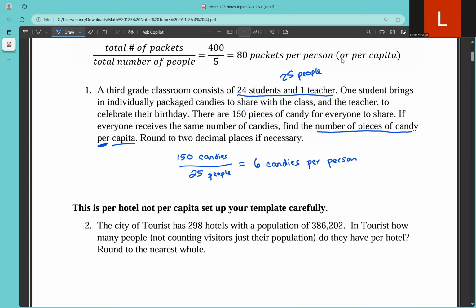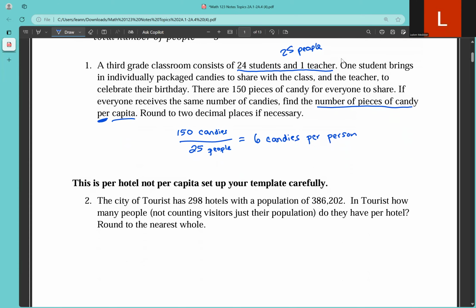Okay. Now, this one is thrown in just in case you get one of these in your homework. Sometimes in the per capita section, when I played through the homework myself, every once in a while I'd get one that's not per capita. And the way I know that is that it'll say per something else. So this says the city of Tourist has 298 hotels with a population of 386,202. So notice the population is much bigger than the number of hotels.